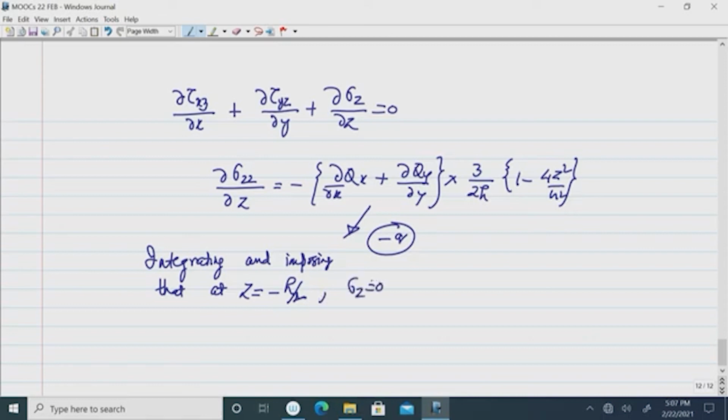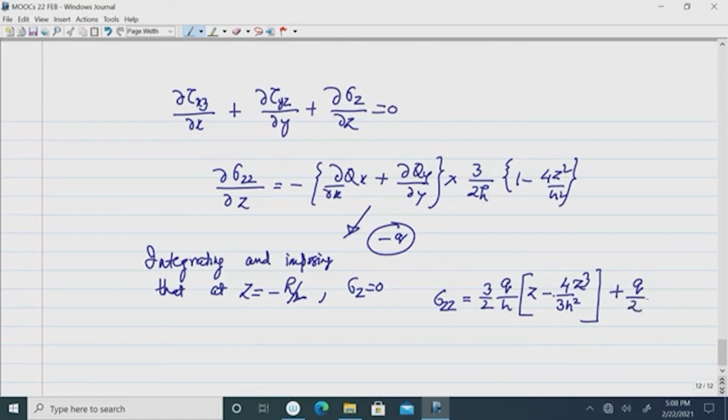Based on that, we obtain the final expression for sigma z as 3 by 2 q by h, where small q is the transverse load on the plate, times z minus 4 by h square z cube by 3. Ultimately, after integration and substituting the constant, you will get 4 z cube by h square into 3, with 3 in the denominator. Then a constant term q by 2 is coming.